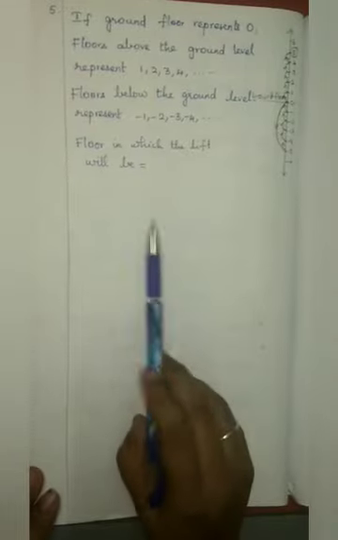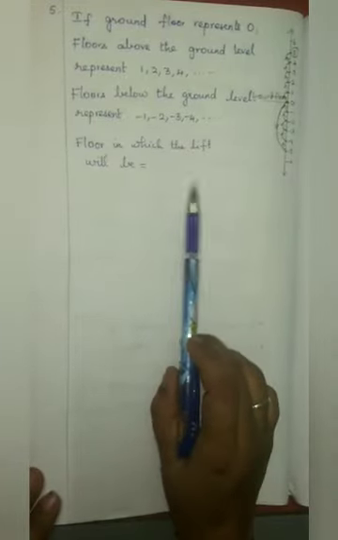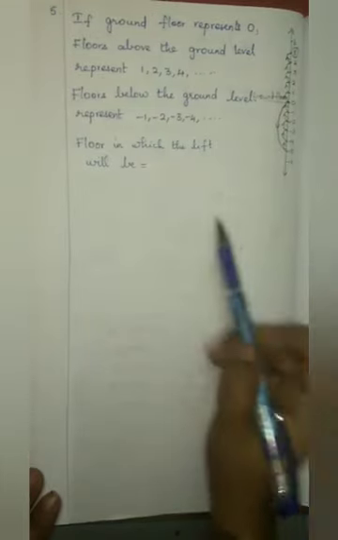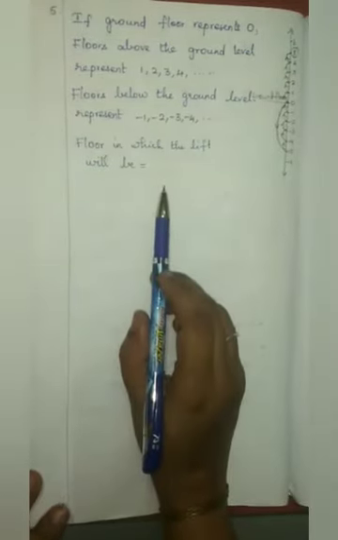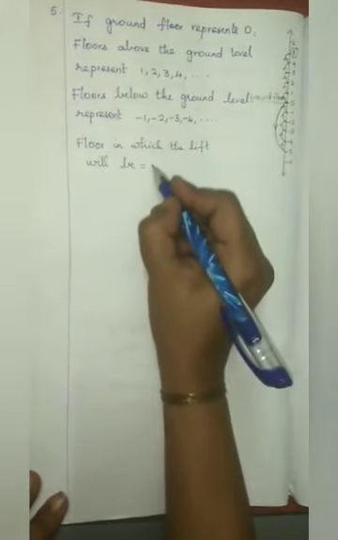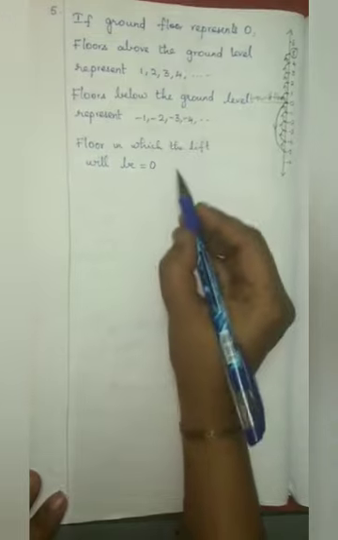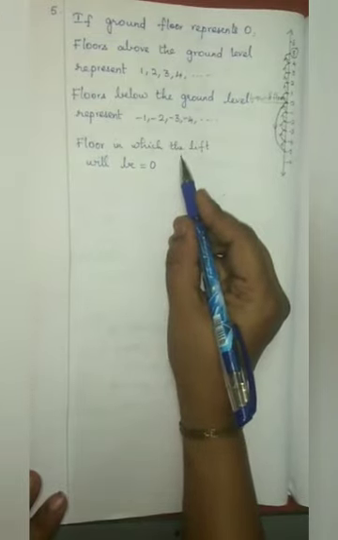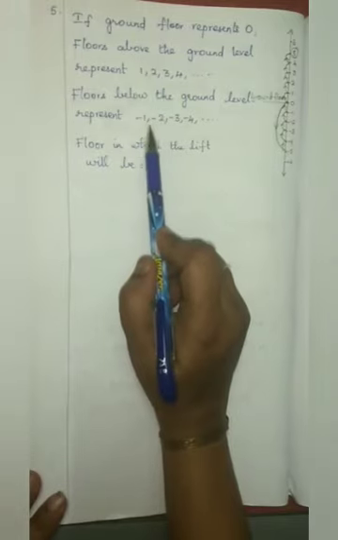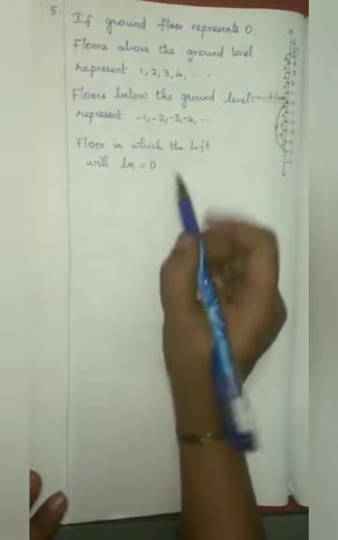So let us see how to find where the lift will be without using the number line. In the beginning the lift is on the ground floor, isn't it? So the ground floor represents 0, so put 0. Then it goes 5 floors down. As I told you, floors below the ground level represent negative integers, isn't it?